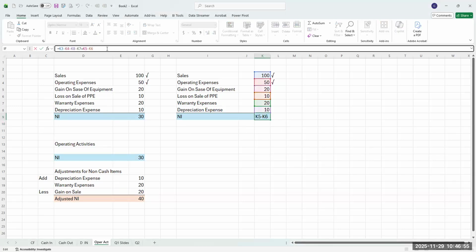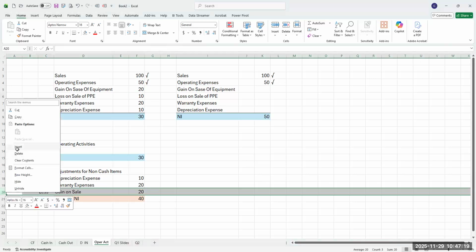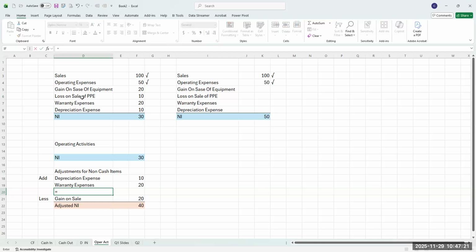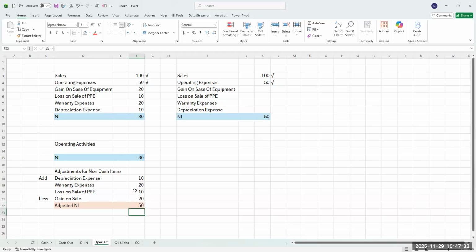If we have a loss, let's see where we are here. If we eliminate those, including the loss, gain, this one, and this one. So if we have a loss of 10, we have to add that loss into our normalization for the net income.